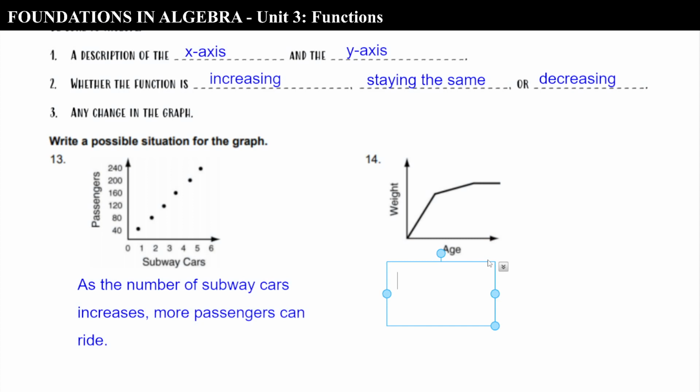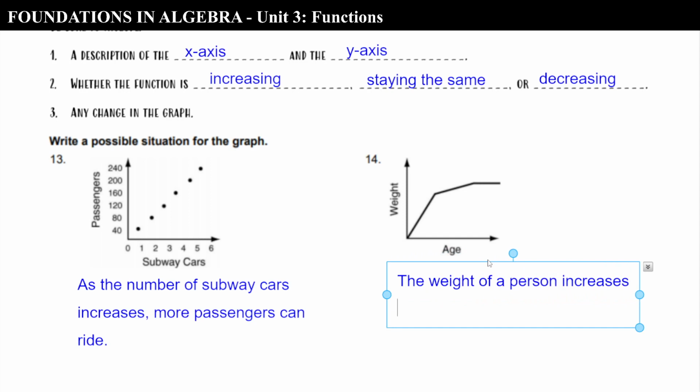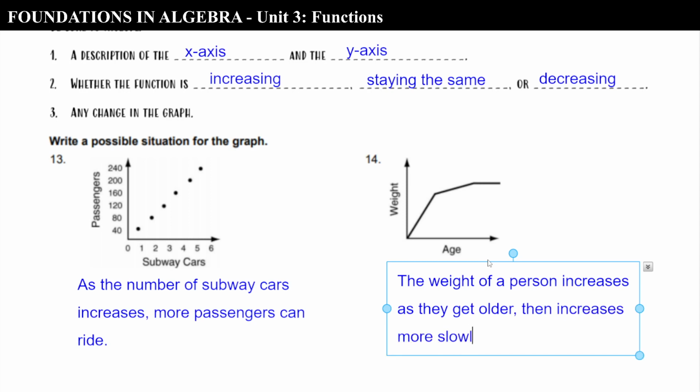People do tend to gain weight as they get older, even as adults, at a slow rate, but here we can say the weight of a person increases as they get older, then increases more slowly once they are an adult.